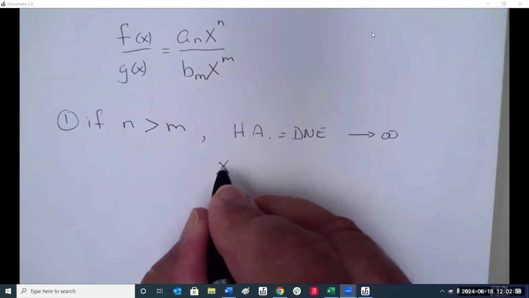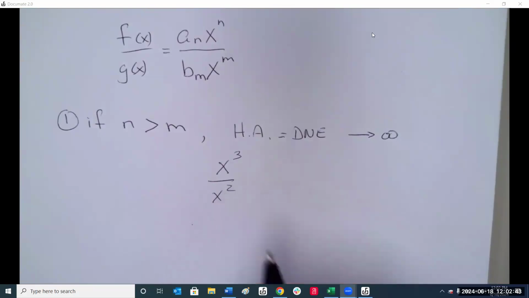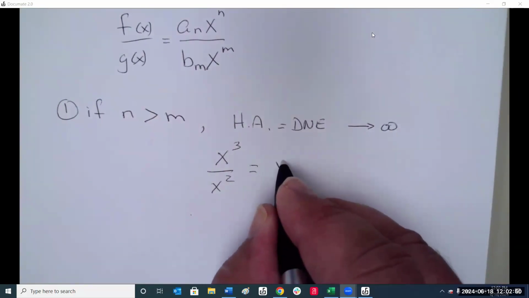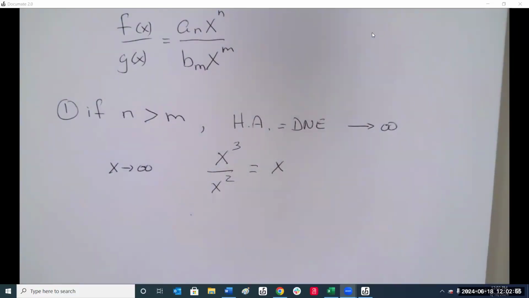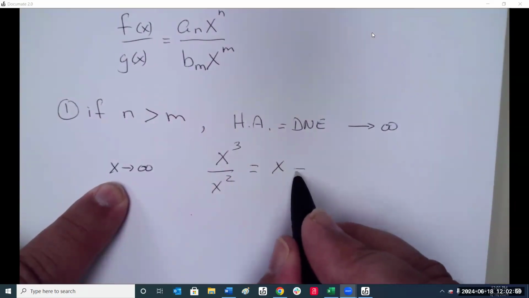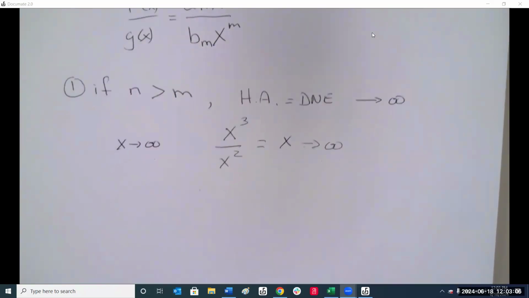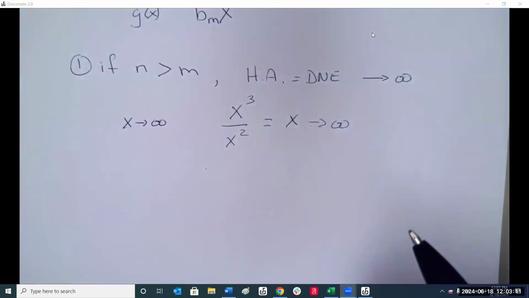Here's an example. x cubed over x squared. If I simplify this, I just have x. Remember, we're looking as x goes to infinity or negative infinity. Where does that one go as x goes to infinity? And infinity is not a number, so it doesn't exist. So if the top exponent is bigger than the bottom, there's no horizontal asymptote.